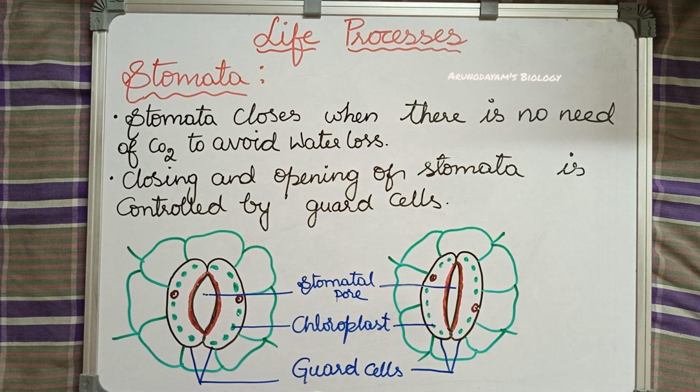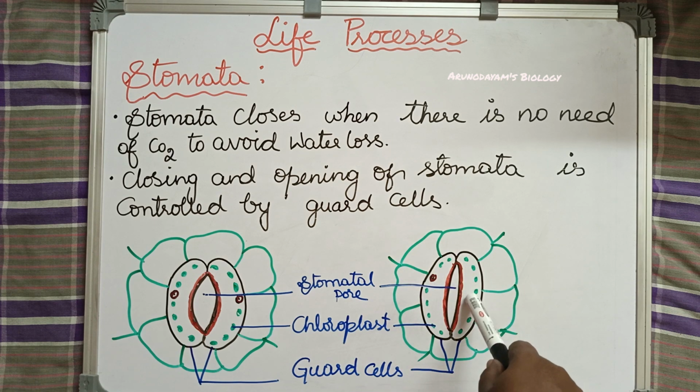Okay, when the stomata have to close, whenever the plant is in no need of carbon dioxide or whenever the plant has to avoid water loss, the stomata have to close, isn't it? So this is what happens here. The two guard cells release the water present in them into the surrounding cells.